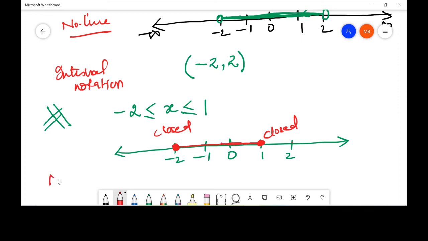And how do we represent it in notation form? The notation form goes like this. Square brackets, remember the rule, whenever there is a closed circle, we'll use square brackets. -2 and 1, again a square bracket because this number is also closed.